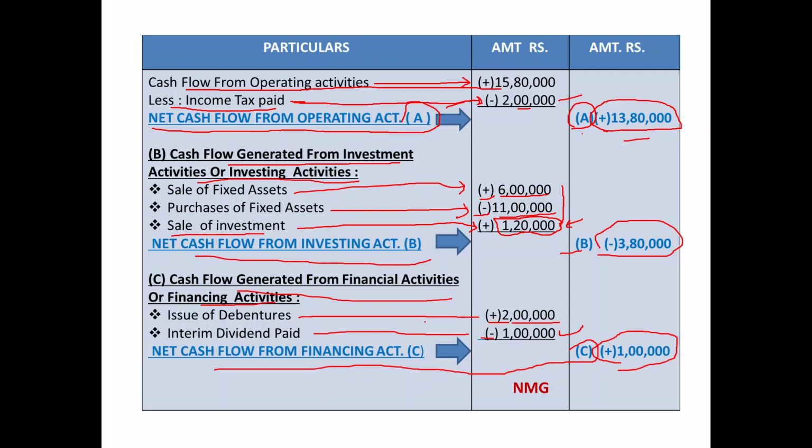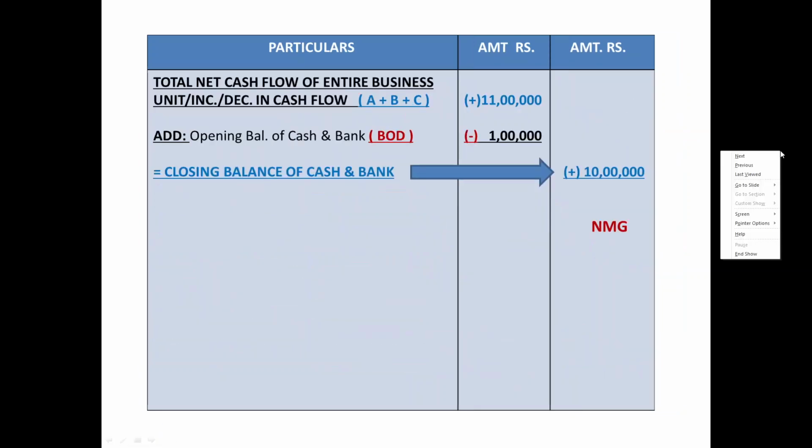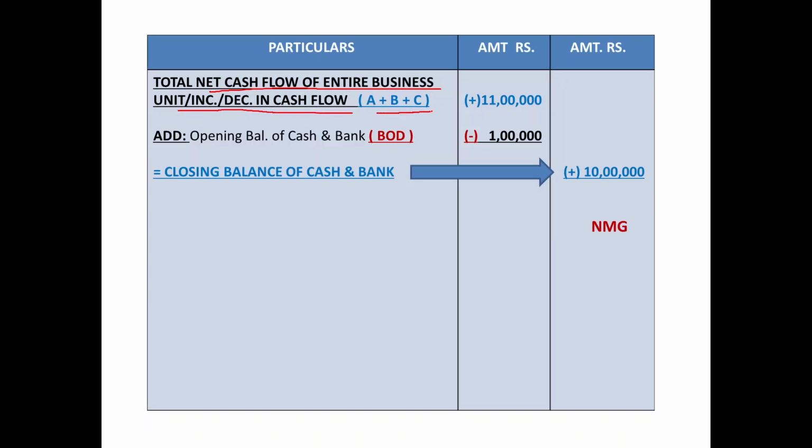So A, B and C. This A, then B, then C. Now we have to take the grand total of these and give the final picture. Have a look. Total net cash flow of the entire business, increase or decrease made in the cash flow. A plus B plus C, that gives the final answer plus 11 lakh.